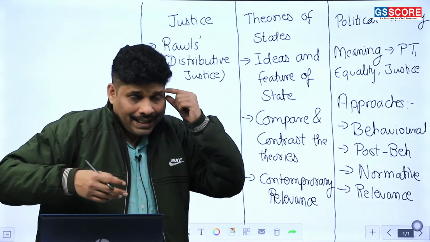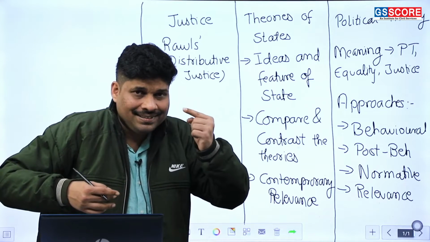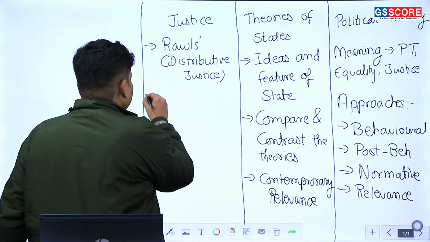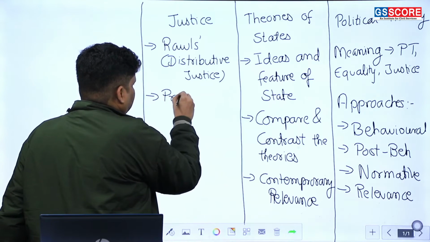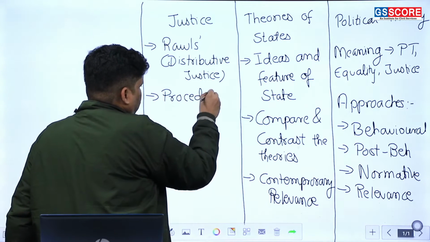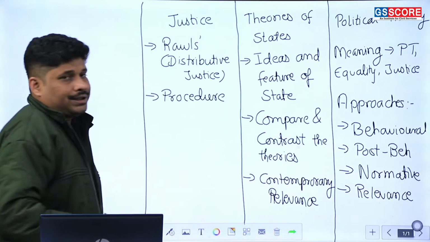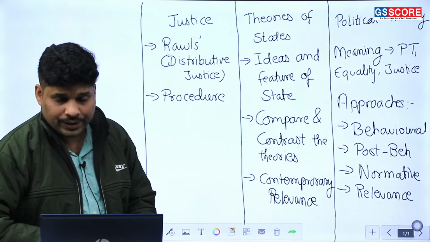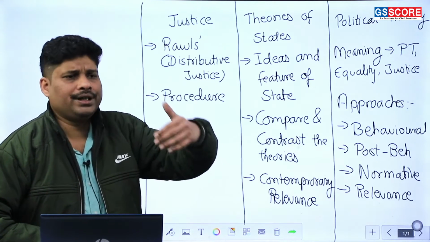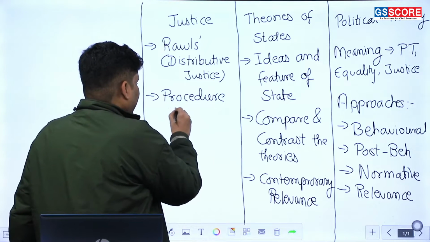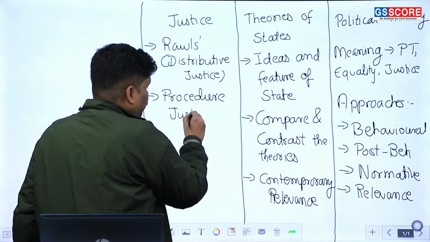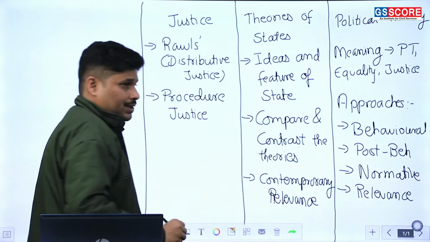So the idea of distributive justice, and the second thing which is important is procedure, the procedure with which this justice will be provided. Obviously, you also basically need to know procedural justice.